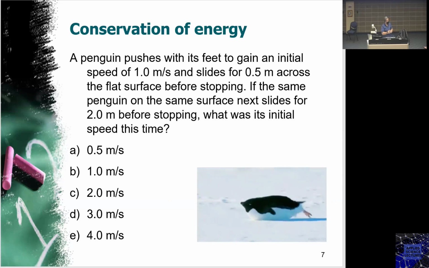That initial speed allowed him to slide for half a meter. Okay. Now the question is, what is the speed if this same penguin managed to slide for 2 meters?